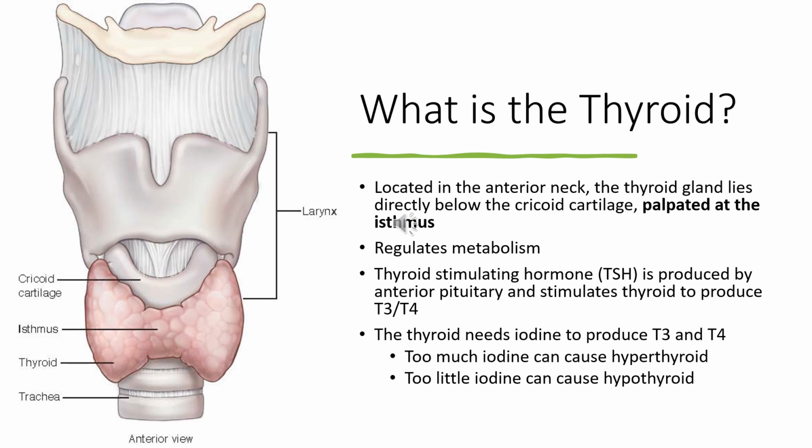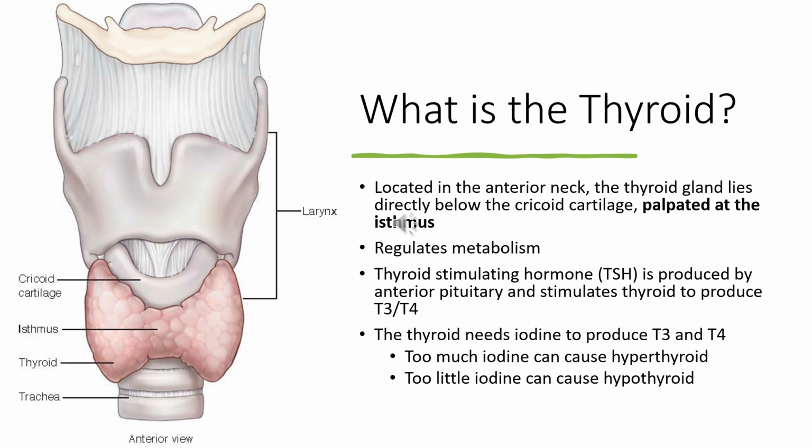There are three hormones that are regulated: thyroid stimulating hormone, and T3 and T4. They have big, long, fancy names, but we need to understand that we need iodine to produce T3 and T4. Too much iodine can cause hyperthyroidism. Too little iodine can cause hypothyroidism, and that's where we get the goiters.